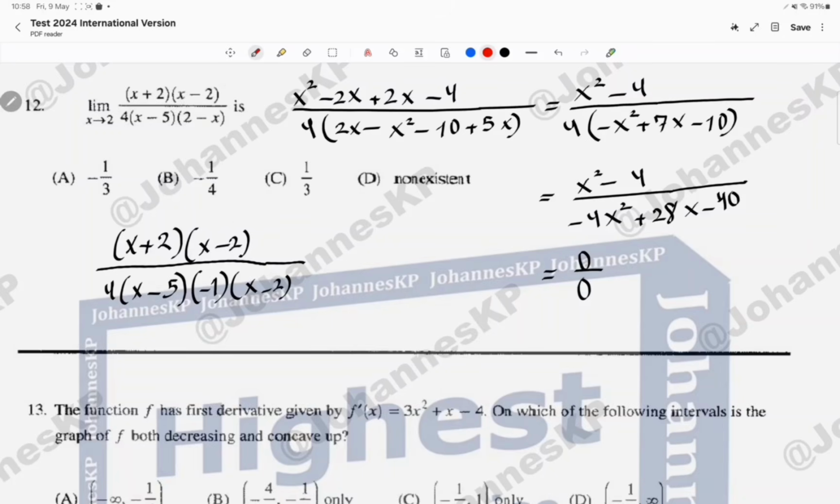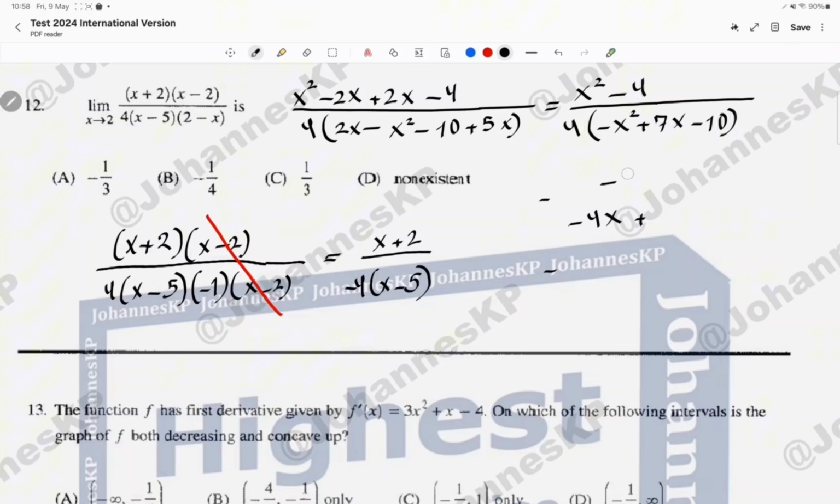And now I could cancel these guys out. Now plugging in 2 is not going to give me a 0, and the denominator is going to be fine. So I'm going to have x plus 2 over minus 4x plus 20.